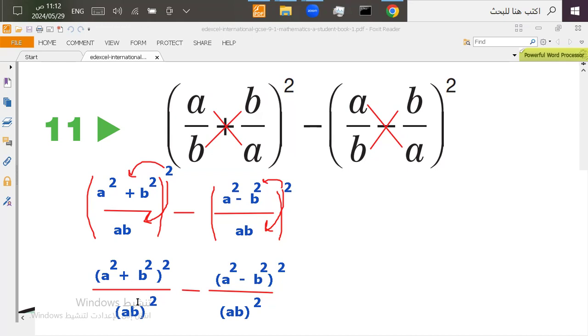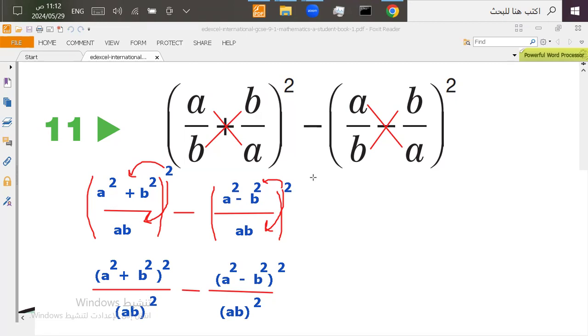Now, because we have these, we can expand these and see the answer. Now, first here, this one and this one, they have the same denominator. It means we can subtract these from each other. So we can say this squared minus this squared. This is very important. Now, let's take a look first. Because they have the same denominator, I can put them on the same denominator.